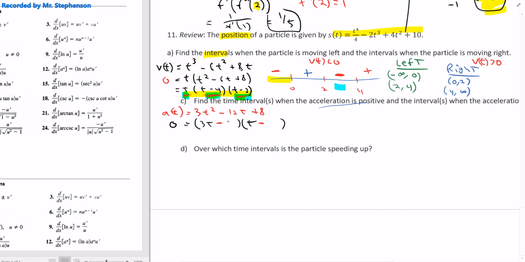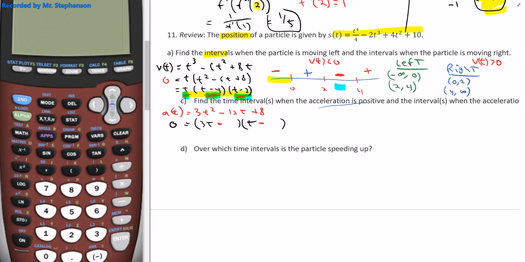I'm thinking 4 and 2, that would give me 6 and 10, and it looks like it's not going to be factorable, so we need to try something else, which in this case is using a graphing calculator, which is a good opportunity to do this.